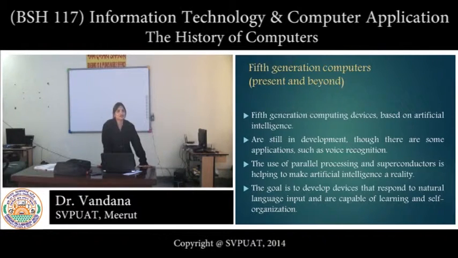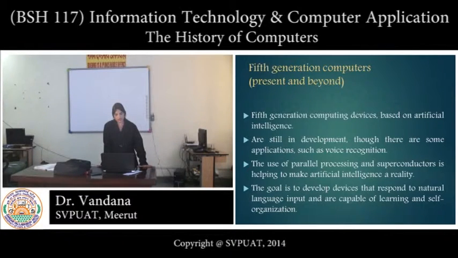Though these computers are still in a developing stage, there are some applications which people are using, like voice recognition, the recognition of a person by their voice. Here, for different applications, we use parallel processing, where a number of processors work together for computation, and superconductors are also helping, turning the dream of artificial intelligence into reality.